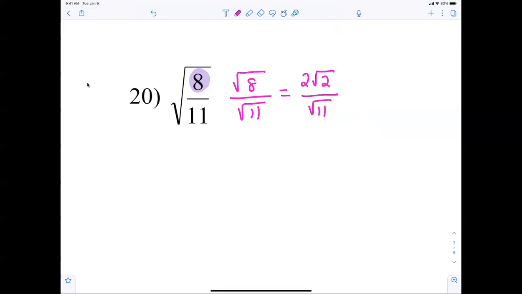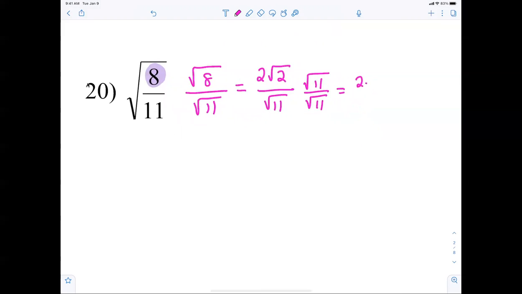Anybody have any issues? And now we're multiplying the top and bottom by radical 11. 2 radical 22 over 11. Yep. That's all there is. It's called rationalizing the denominator.